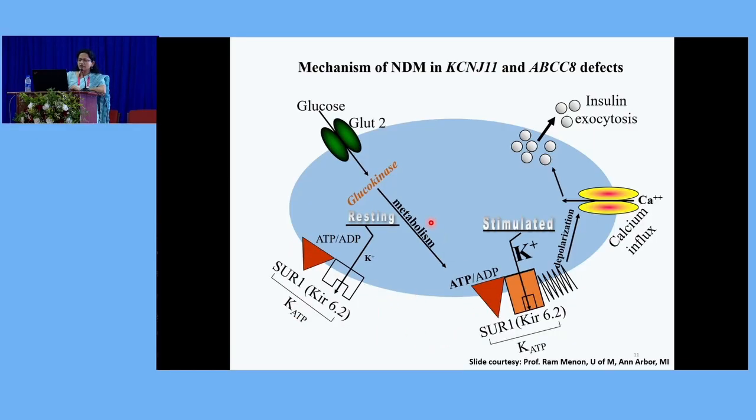Normally when glucose enters, by metabolism ATP is generated, and this channel is ATP sensitive, so it closes. When it closes, the cell depolarizes, leading to influx of calcium and insulin exocytosis. So what kind of mutations will lead to neonatal diabetes? Activating. Activating means that the channel remains open. And what kind of mutations will cause CHI? Inactivating mutations.